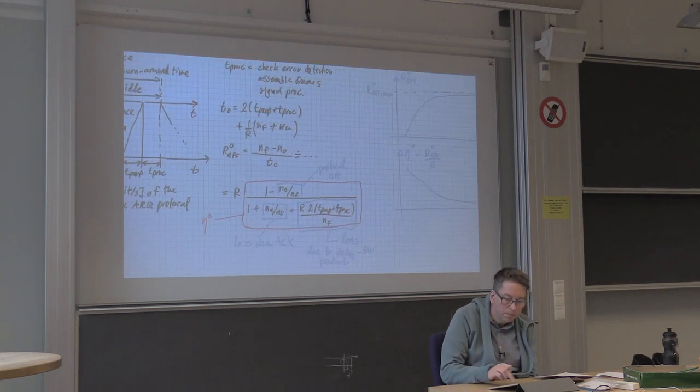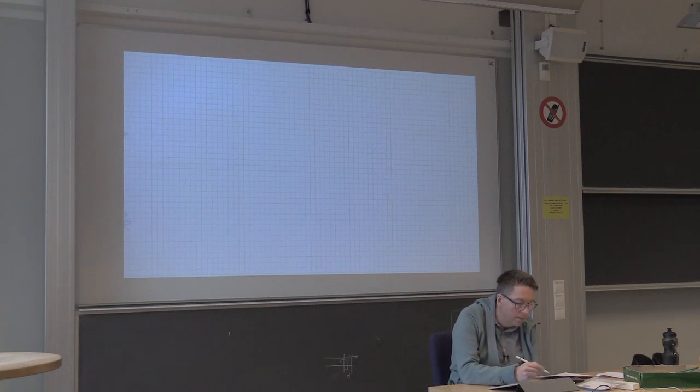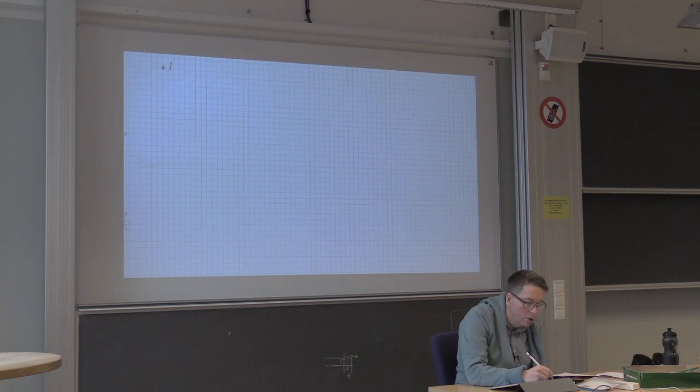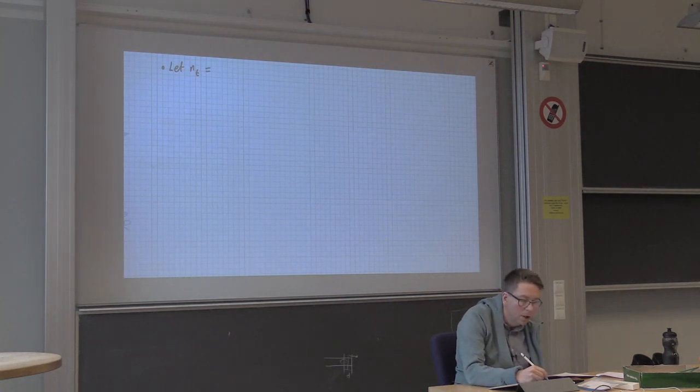So let's calculate what happens then. We introduce a random variable, n subscript t, which is equal to the number of transmissions needed to deliver a frame.